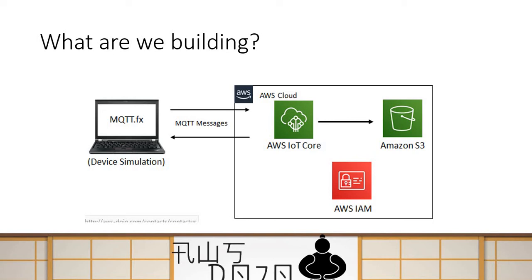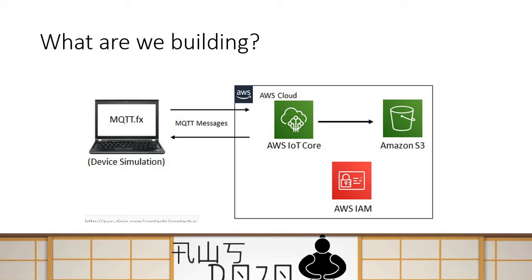But it is very similar to the devices because it also uses certificate-based authentication. This device will be sending an MQTT message to AWS IoT Core, which IoT Core will use an IoT rule to store inside an S3 bucket.